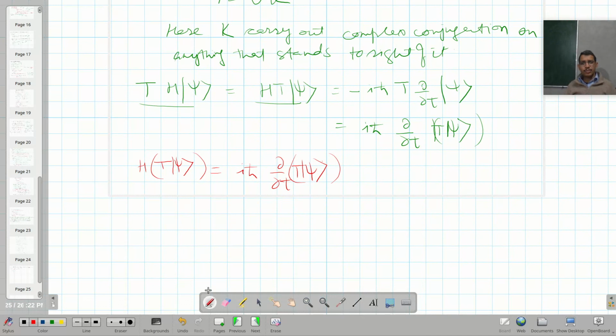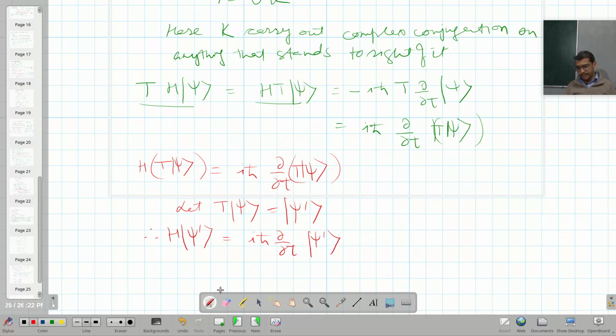And let us assume that T psi is equal to psi prime. So therefore H psi prime must be equal to iota h cross del by del t of psi prime.